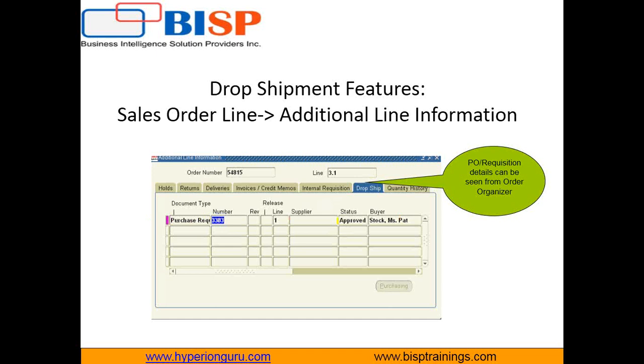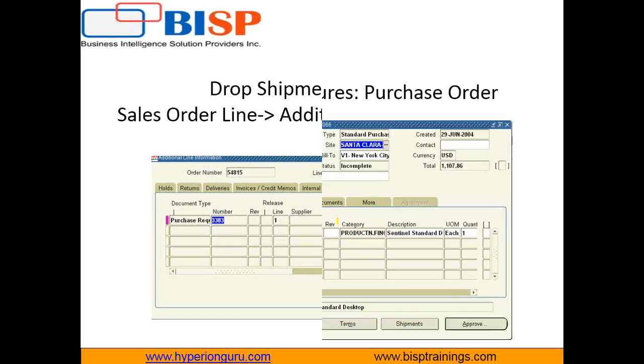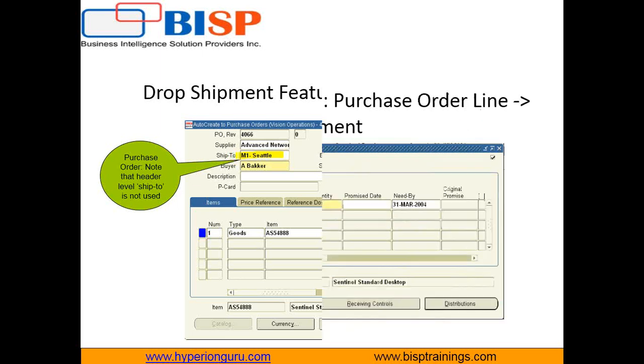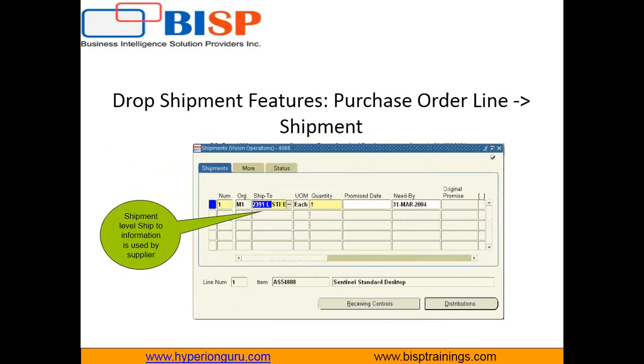So the main difference you will see here is when you have a purchase order screen, you will have a ship to here. But whatever ship to you see here is not the one to which you're going to supply the product. The ship to you see here is your inventory location. But if you go and see the actual distribution level, the shipment level, the actual ship to address is different.